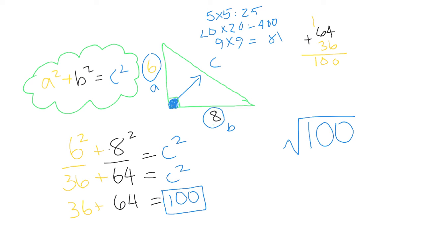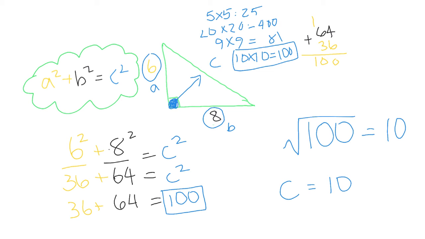That's still too low. And let's just increase it a little bit. 10 times 10 equals 100. Yes. So we found our winning number, 10. So the square root of 100 is equal to 10. So we found our C value. C equals 10.